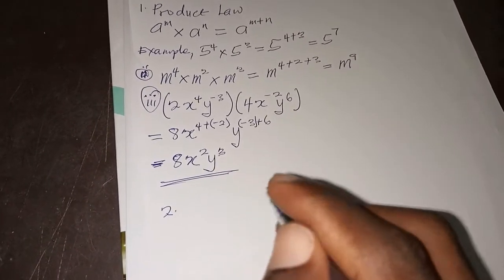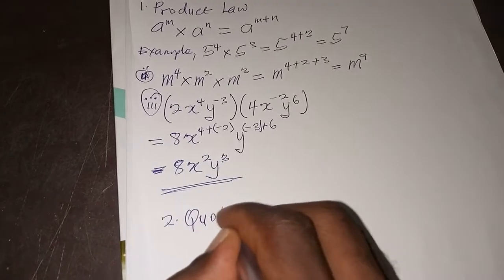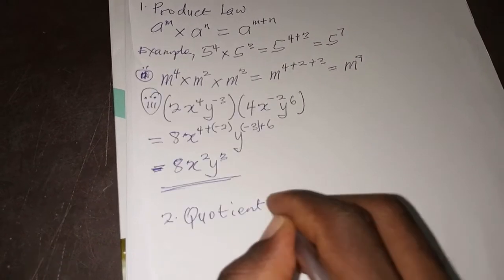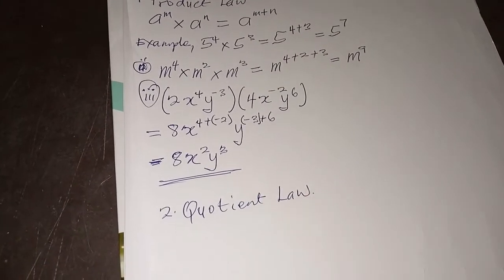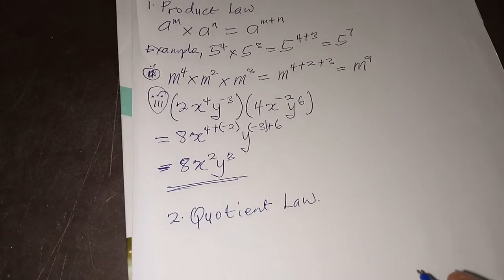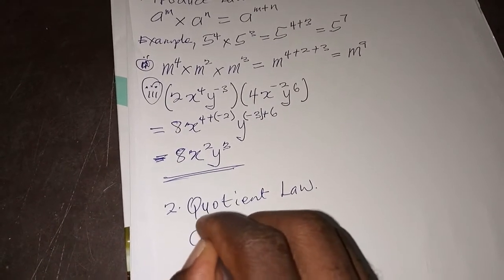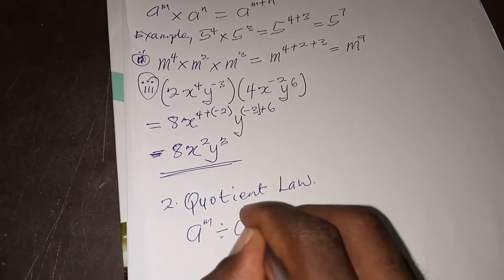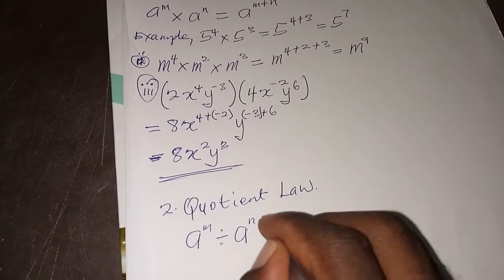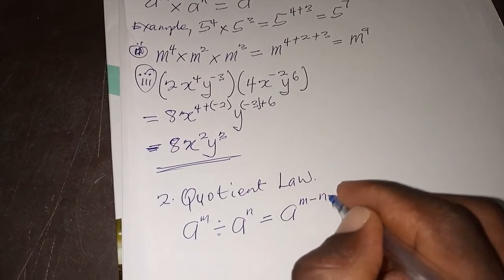The second law, I would like to call it the quotient law. Good. So this law says that if we have a exponent m divided by a exponent n, then the answer is supposed to be a exponent m minus n.